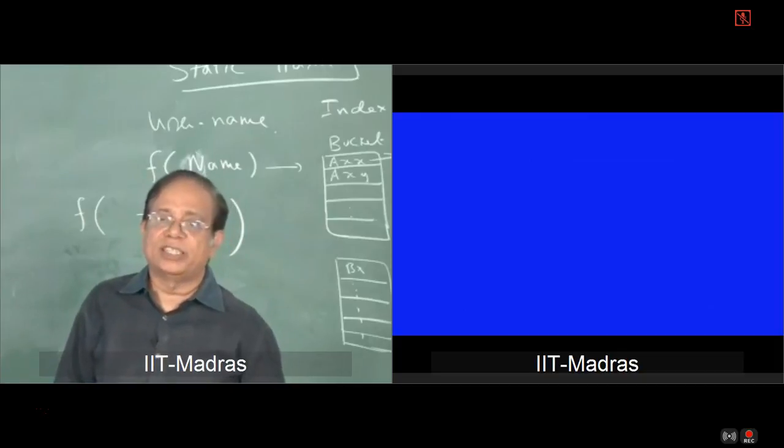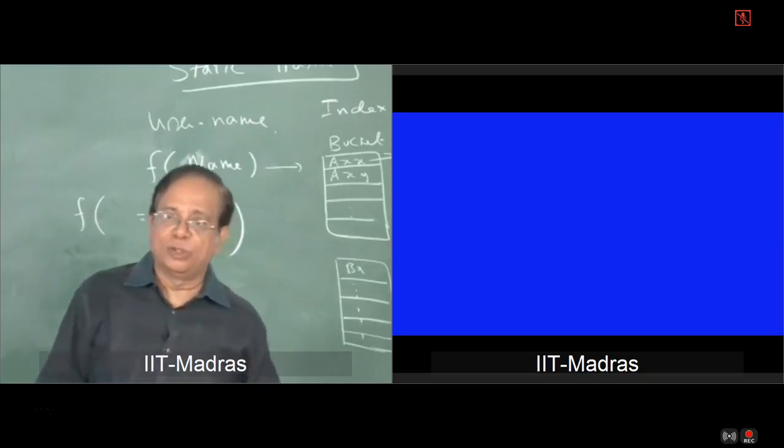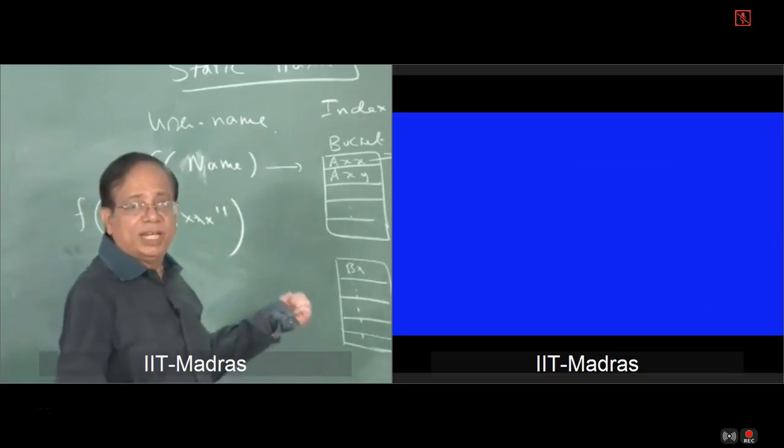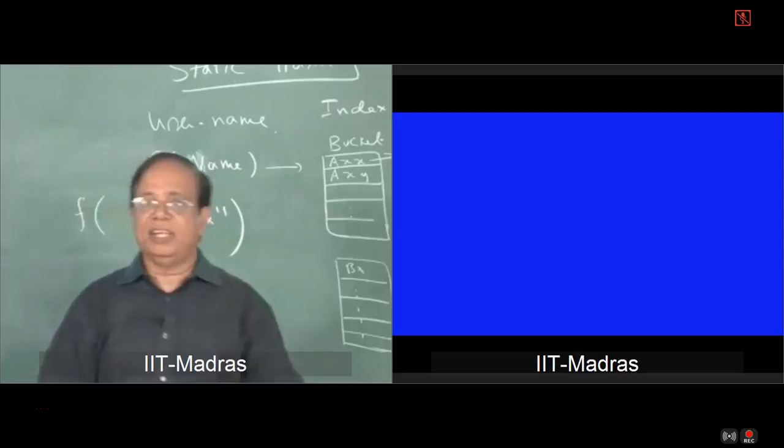So this is one reason why databases don't use hashing alone, mainly because they are dealing with range queries.